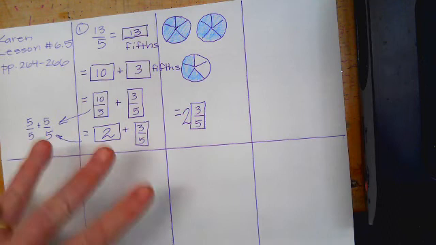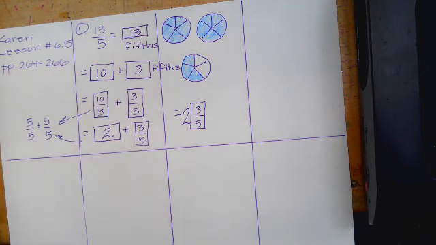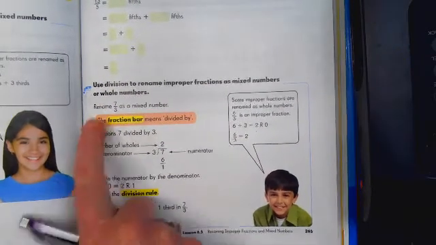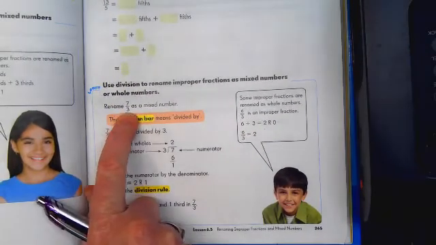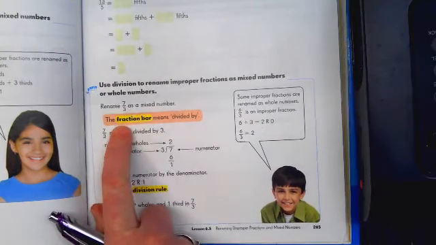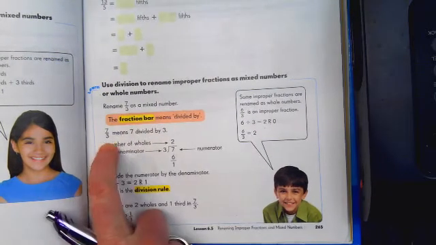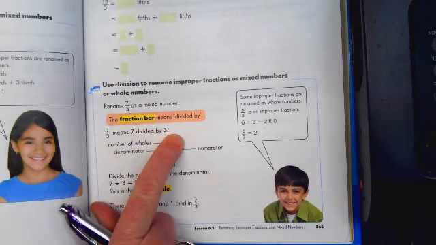You can't always have time to draw a picture to do this process. So another way to do it is to use division. And they're showing you how to do that on this page. So if we want to rename 7/3 as a mixed number, the fraction bar means divided by.